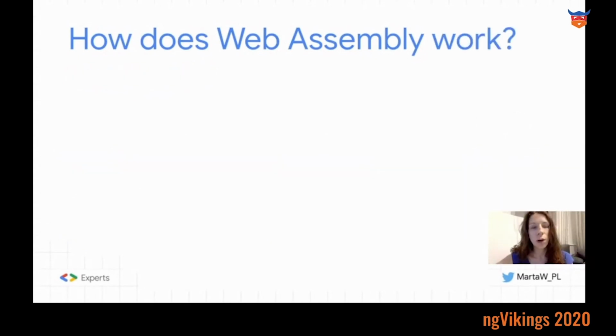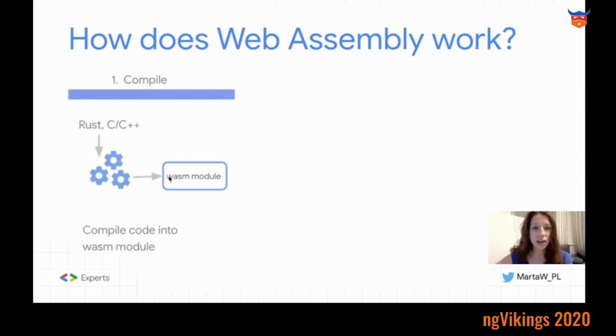Let's talk about how you can apply WebAssembly in your web apps. Let's say that we have a module, some part of our app that we want to write in another programming language, because it will be more effective for our module, for example, in Rust or C++.